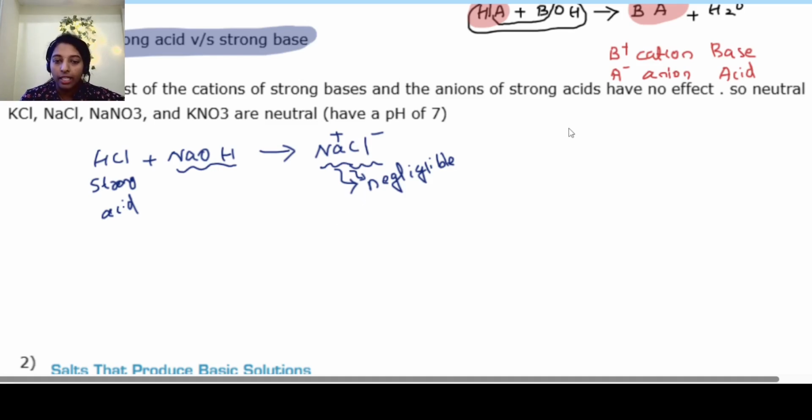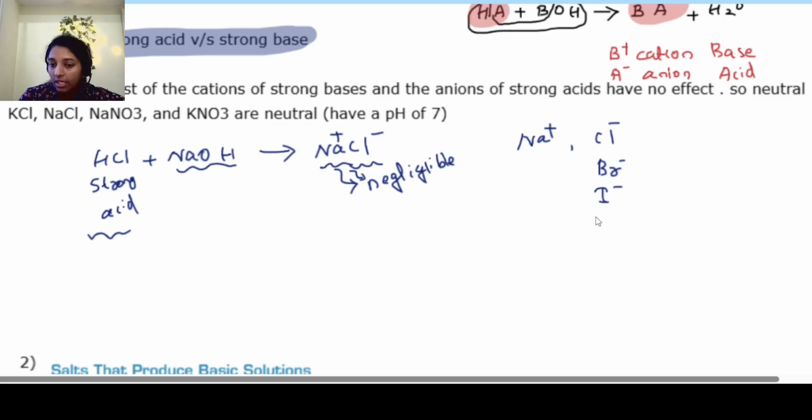So you can say Na+ is a neutral ion and Cl- is also a neutral ion. What are the other neutral ions? Whenever these neutral ions are there, they do not contribute to the pH. All the anions of a strong acid will definitely be neutral. What are the other strong acids? We studied HCl, HBr, HI, so Cl-, Br-, I-.